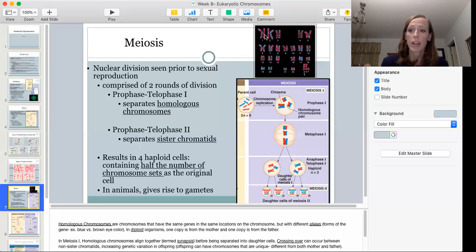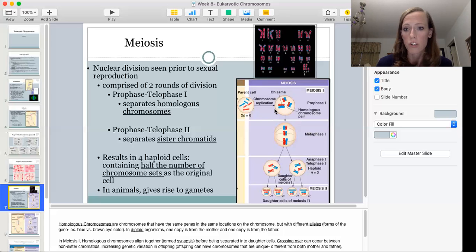So a distinct feature of meiosis is that when the chromosomes line up at the metaphase plate in metaphase 1, it's actually the homologous chromosomes that line up next to each other. They have each undergone replication already.